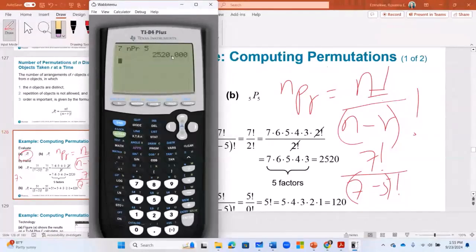In other words, there are 2,520 different ways of selecting 5 out of 7 where order is important. In other words, you can keep on working on it in order. We have 2 minutes to go, but the last thing we're going to do, let me just give you this.